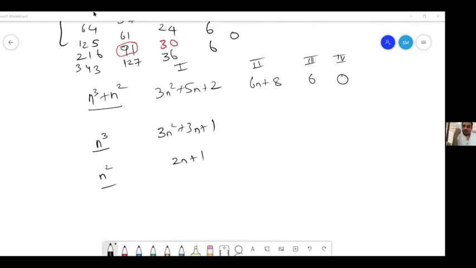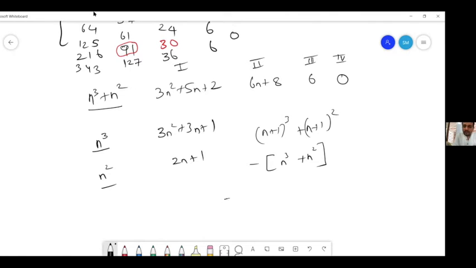That can be proved through algebra only, Shiv. The first order difference formula, how will you get it? You will get it by taking the difference of the n plus 1th term and the nth term. So that means n plus 1 whole cube plus n plus 1 whole square minus n cube plus n square.